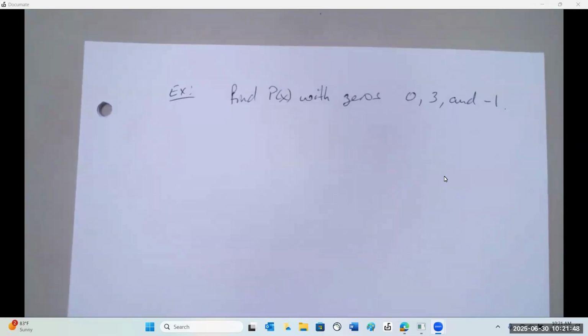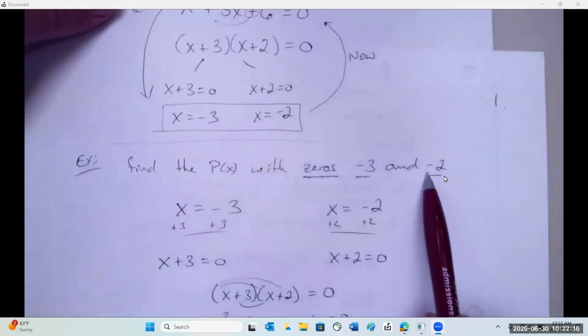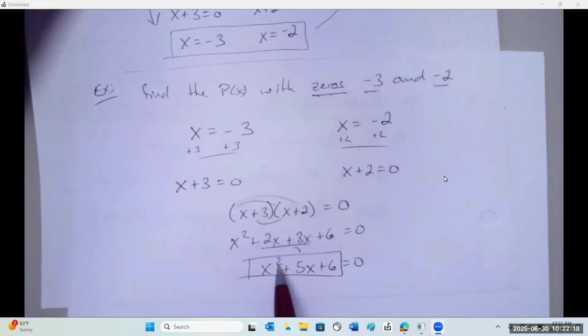Before we start, what do we know our answer is going to look like? What degree is it? It'll be 3 degrees because we have 3 zeros. The degree is the number of zeros that we have. In this last one, we had 2 zeros, so we're going to have a second degree polynomial.